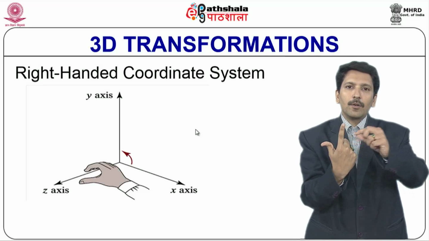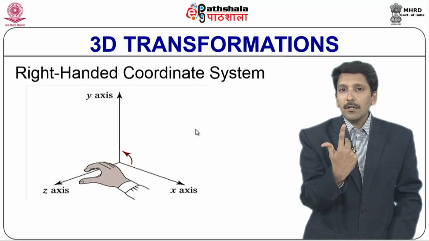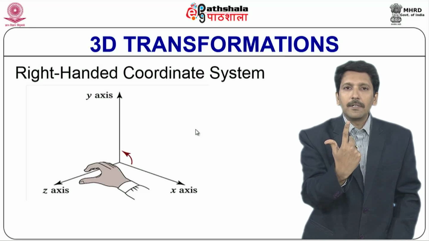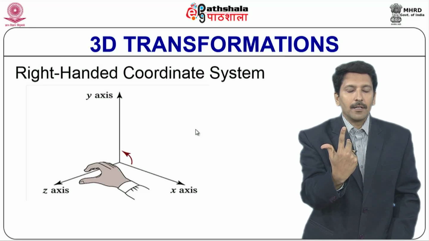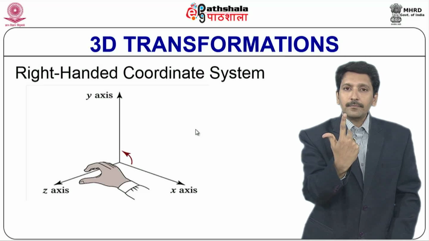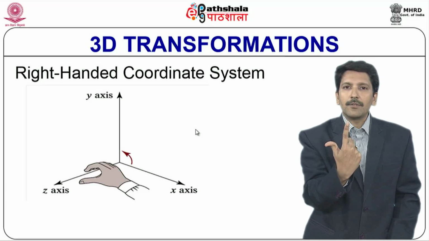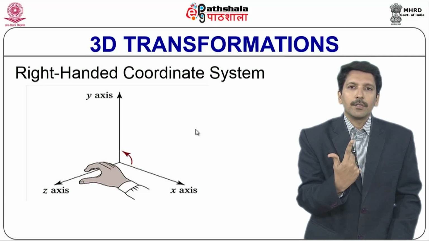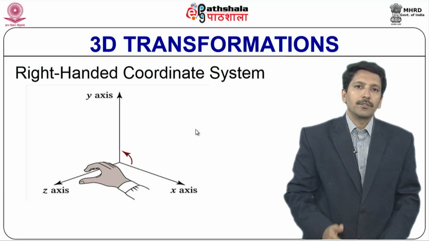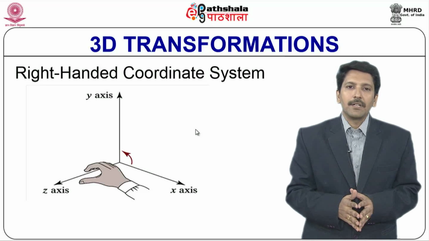It is important that you understand that we are seeing into the world along the negative z direction. An important observation is that because the middle finger is pointing towards the self, which is the positive z direction, we are looking into the world along the negative z direction. So that is the convention that you should remember: always we look into the 3D world in the negative z direction.